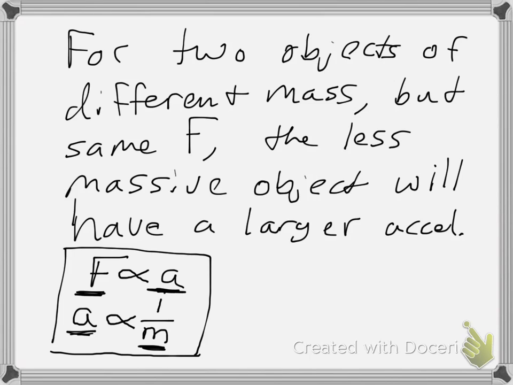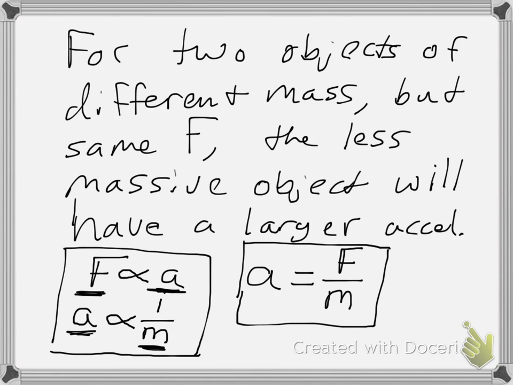And we encompass this by this equation: the acceleration that an object experiences is going to be equal to the force that it experiences divided by the mass. Okay? So this equation encompasses both of these expressions.